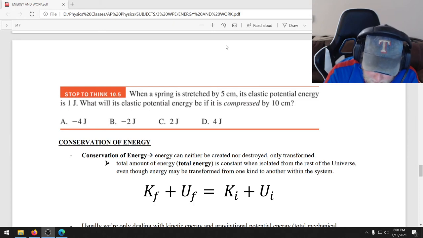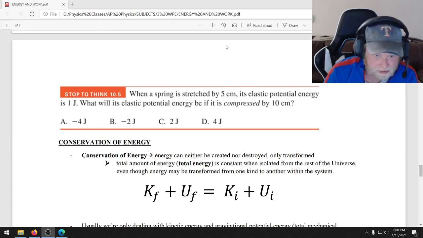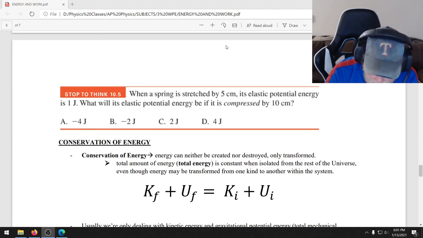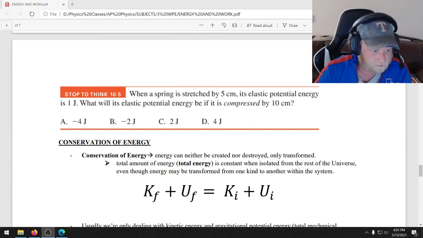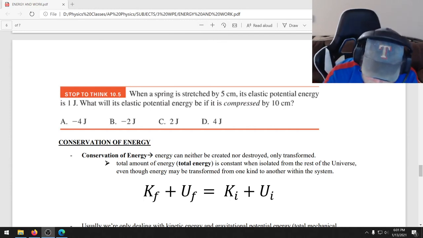If we look at our elastic potential energy equation, we know that there's 1 joule of energy when you stretch that spring by 0.05 meters. So k comes out to 800 newtons per meter.